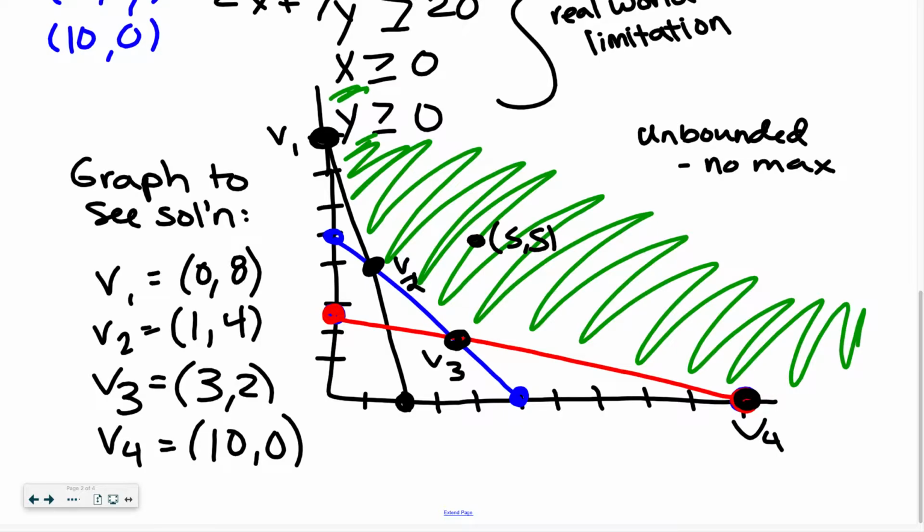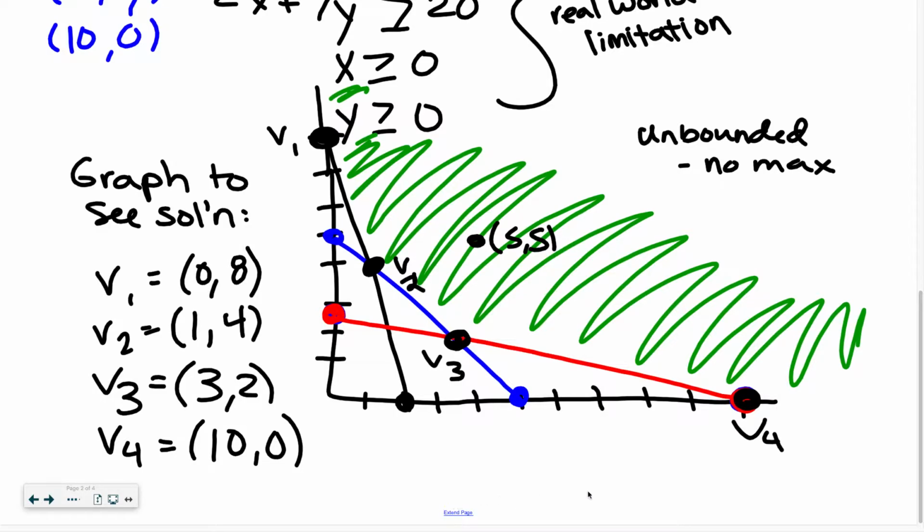This point works for nutrient C, the red line, and nutrient A, the black line, but buying 2 bags and maybe less than 3 doesn't meet the requirement for nutrient B. So this is not a solution. Okay, you only want the ones that are on the edges of the shaded region.